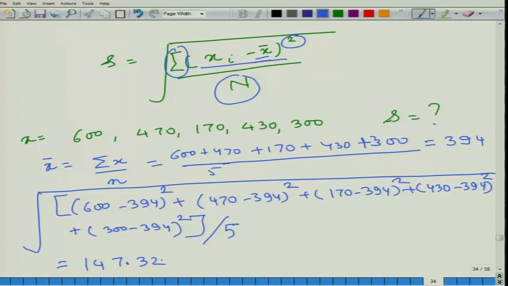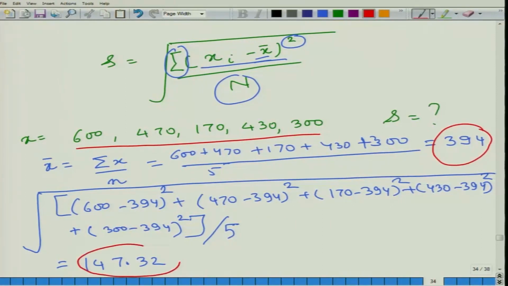So, now we can say that this distribution has a measure of central tendency as 394 and it has a dispersion of 147.32. Now, what do we make out of these two values? Let us plot those.